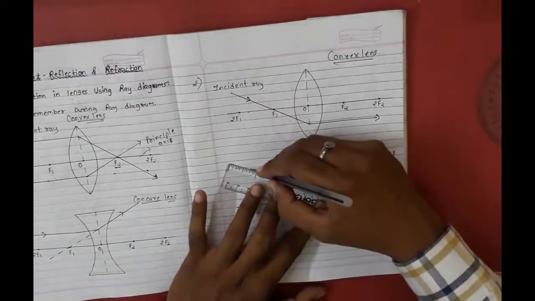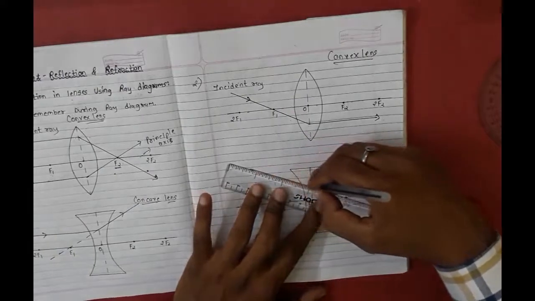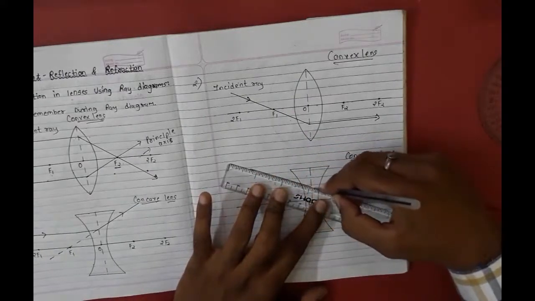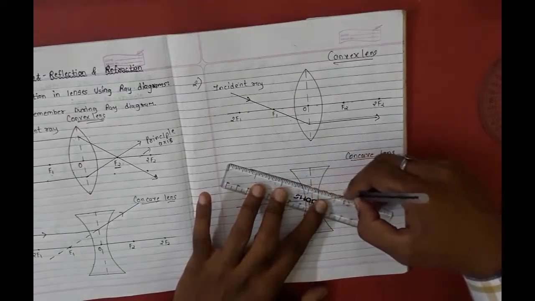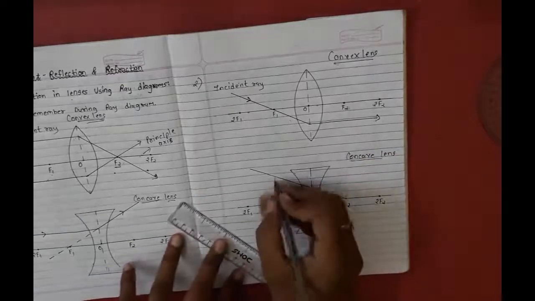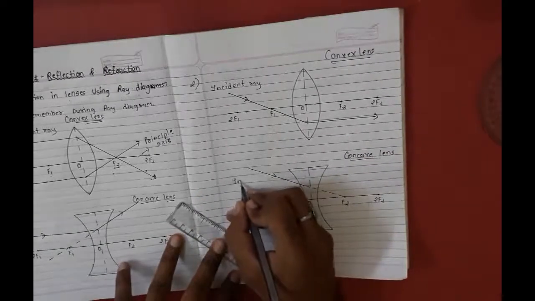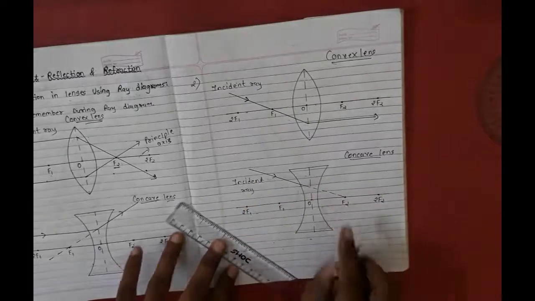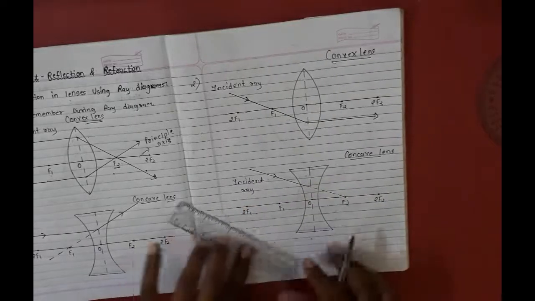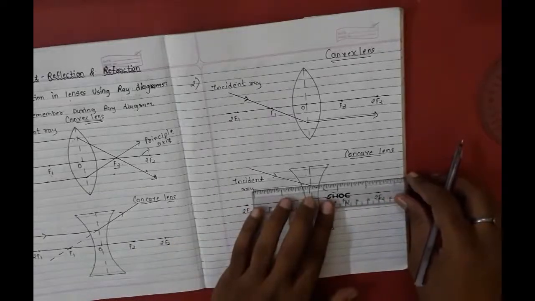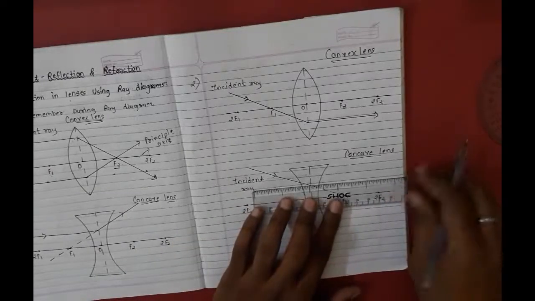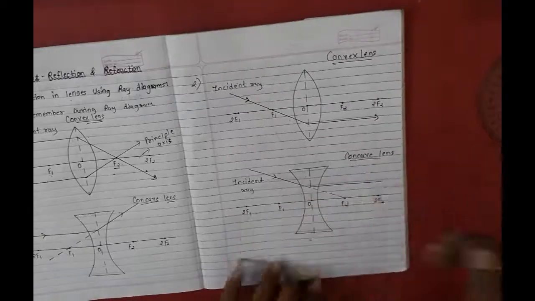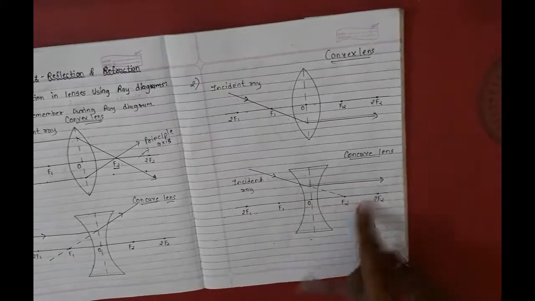So we have to show that our incident ray is passing through the focus. So here the refraction will take place. See, if we extend that incident ray, it will look like passing through the focus. So after refraction at optical center, it will become parallel to principal axis. So this is the case for concave lens.